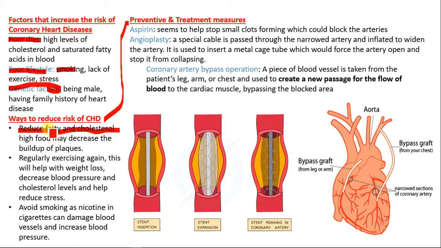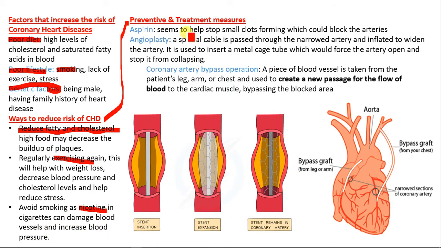Regular exercise will help with weight loss, decrease blood pressure, and reduce cholesterol level. And avoid smoking, as the nicotine content in cigarette smoke can damage blood vessels and increase blood pressure.